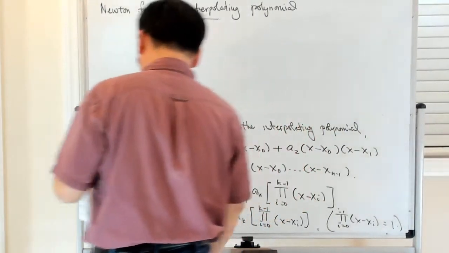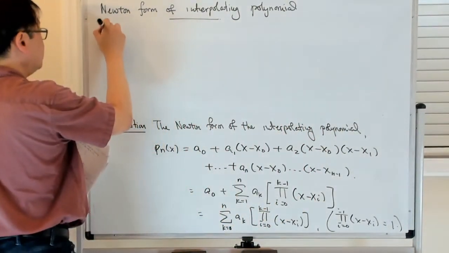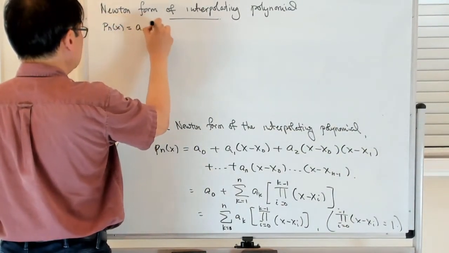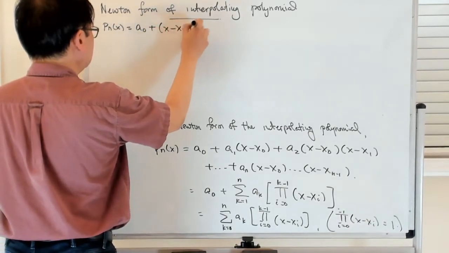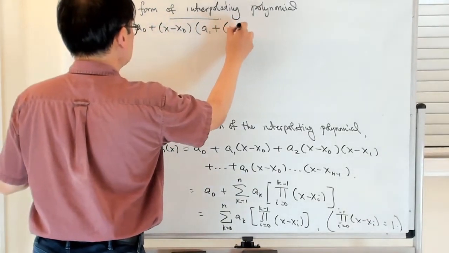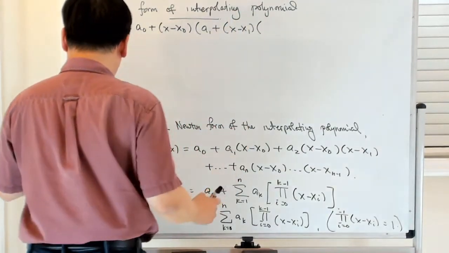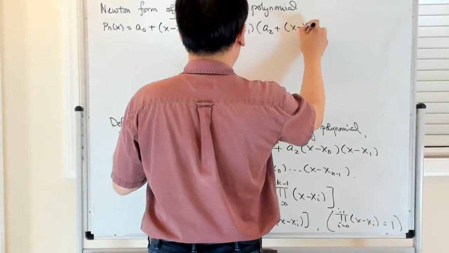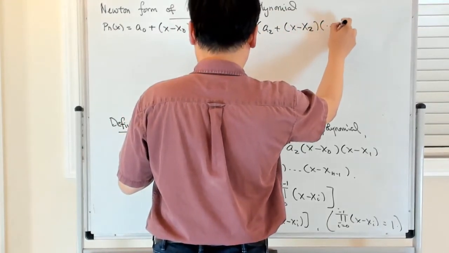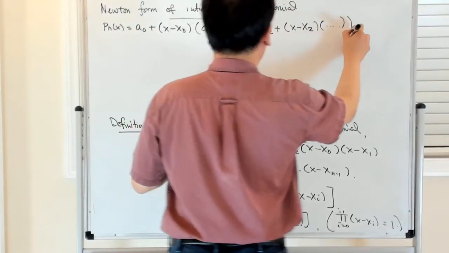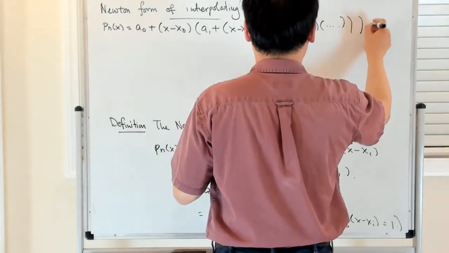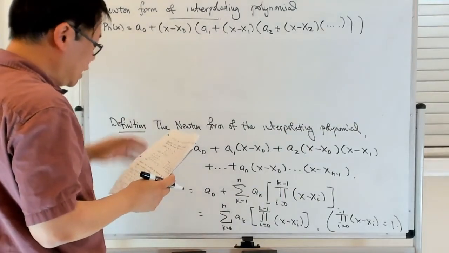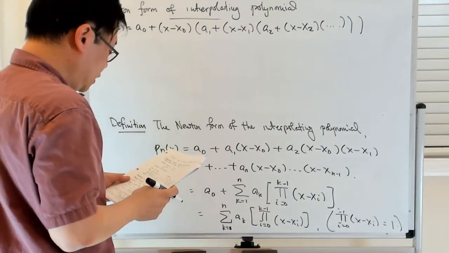I can write Pn of x as a0 plus (x minus x0) times (a1 plus (x minus x1) multiplied into (a2 plus (x minus x2) and so on. So that leads to this type of Horner type algorithm.